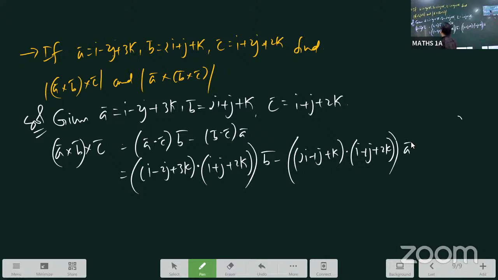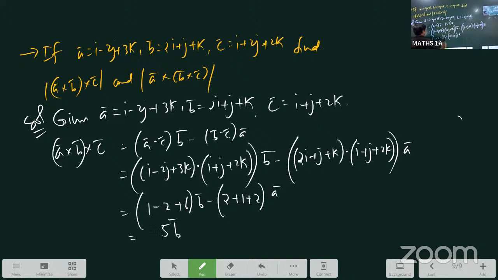First, let us do the dot product of this. 1 minus 2 plus 6 into b bar, minus, 2 plus 1 plus 2 into a bar. Is it clear? So what I am going to get is 6 plus 1, 7, minus 2, that is 5 b bar minus 5 a bar.